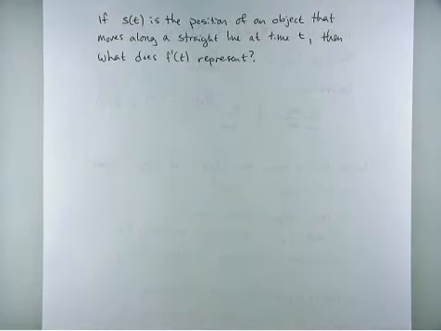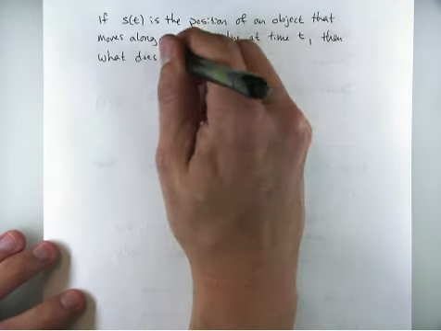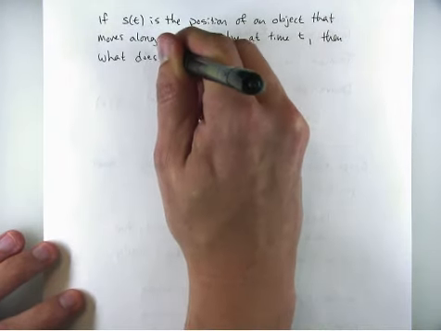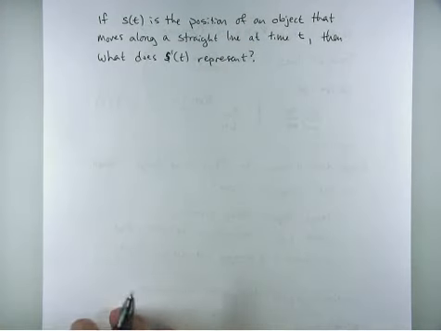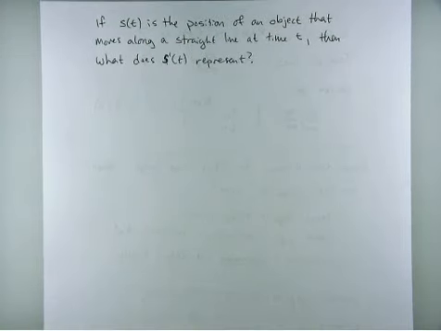If s of t is the position of an object that moves along a straight line at time t, then what, I said f prime here. This should be s prime. I'm talking about s. What does s prime represent?